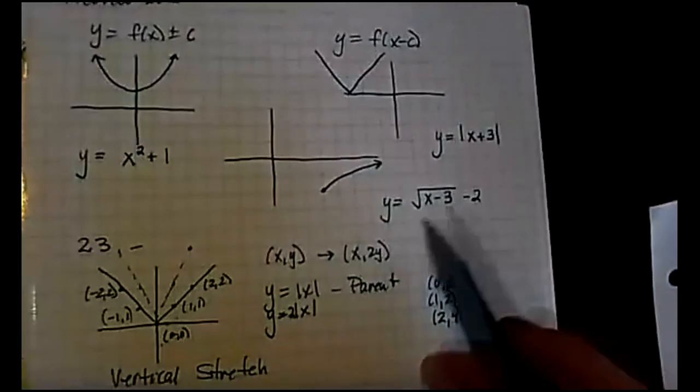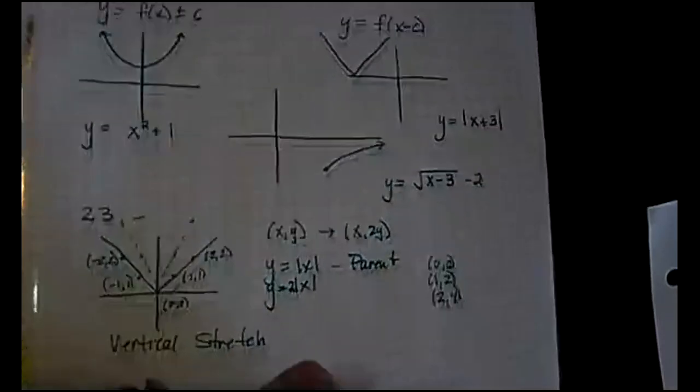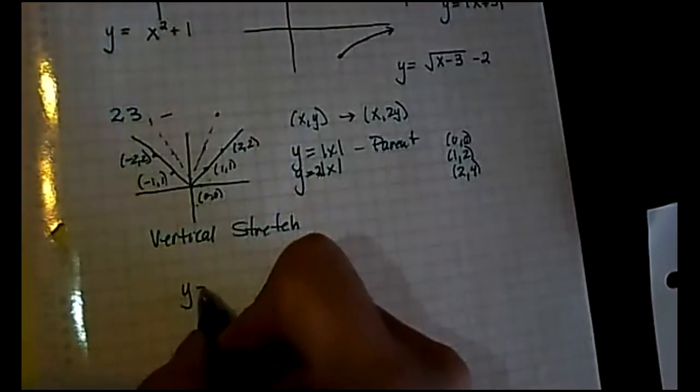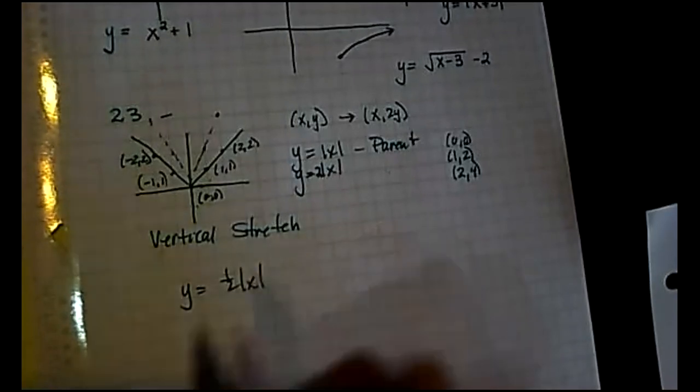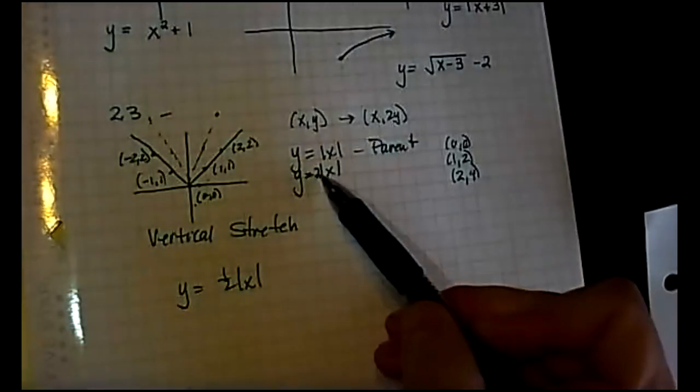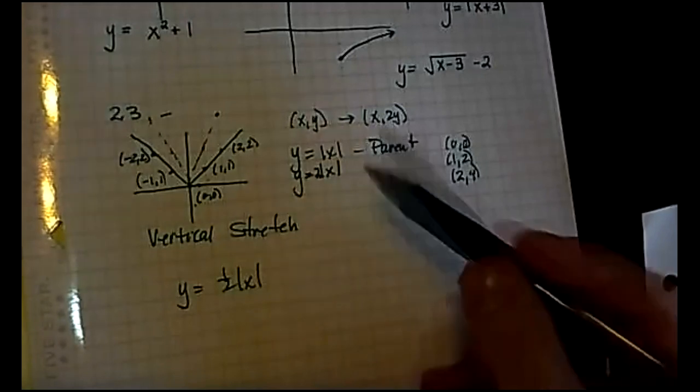Well, here, if it's a fraction, I'm still multiplying. It's still vertical, so I'm still multiplying it times y. It's just now I'm multiplying it times a fraction. So if I have this point right here, make sure you can see this here, I take y equals, let's just do 1/2. So instead of this being a whole number, it's half, but I still do the same thing.